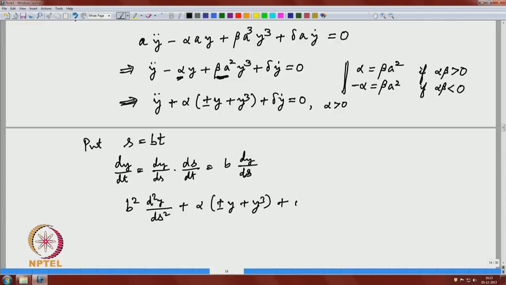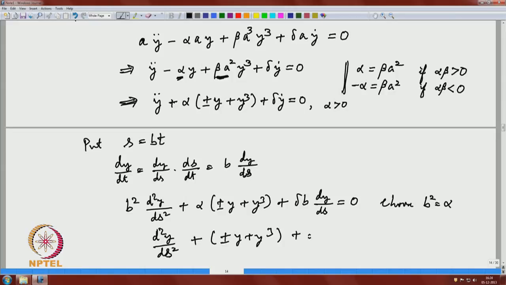But here I get delta b dy by ds equal to 0, and again I divide by b, or I choose b square equal to alpha, and if you do that and then you divide by that, this will give it plus or minus y plus y cube plus delta tilde dy by ds. Okay.